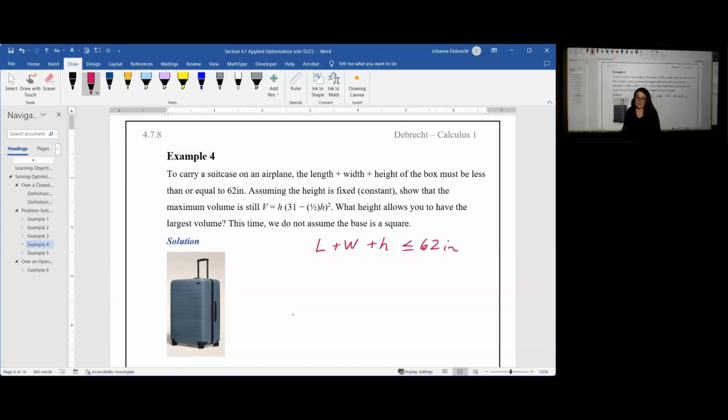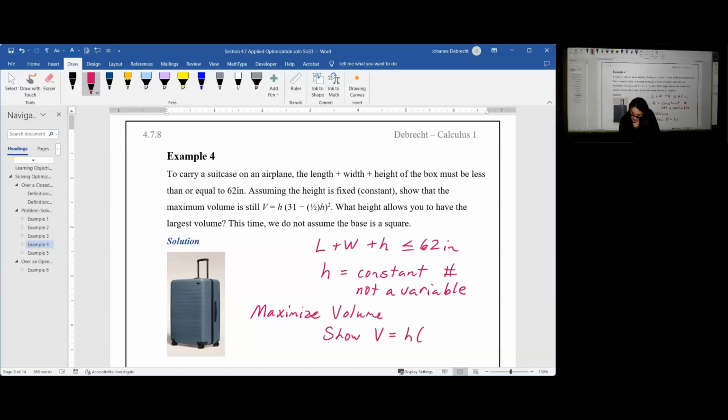Assuming the height is fixed or constant, that means it's a constant number and not a variable. Show that the maximum volume, okay, I'm still looking to maximize the volume, is still h times 31 minus half the height quantity squared.